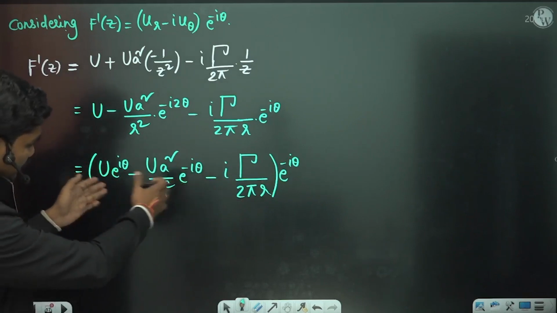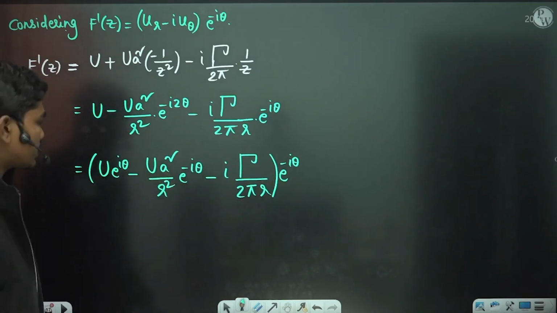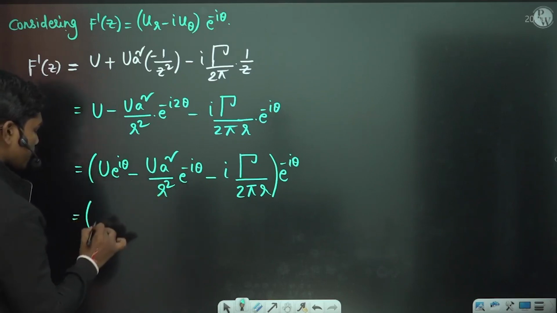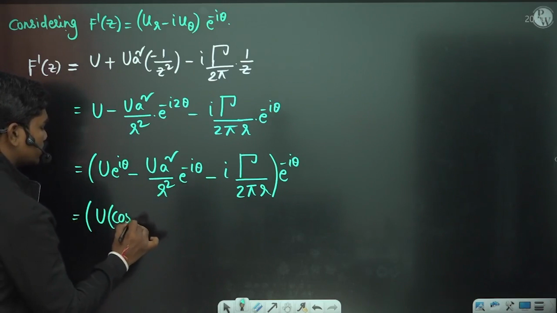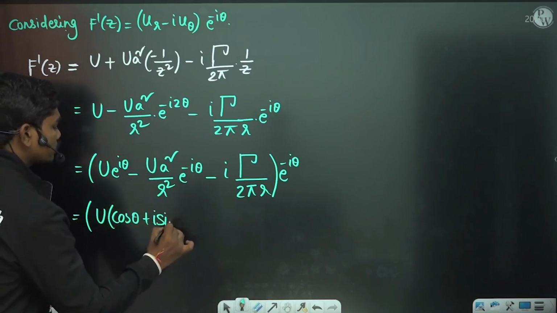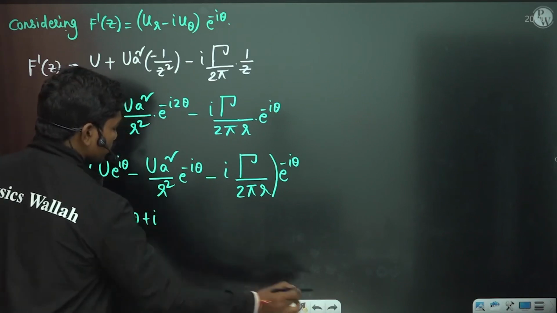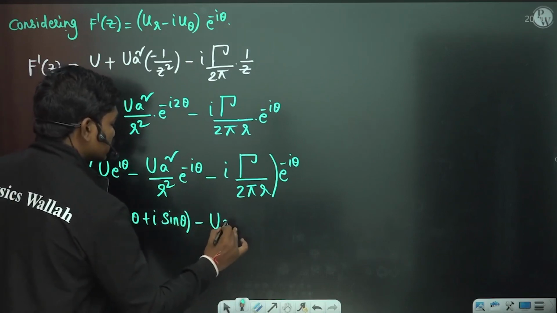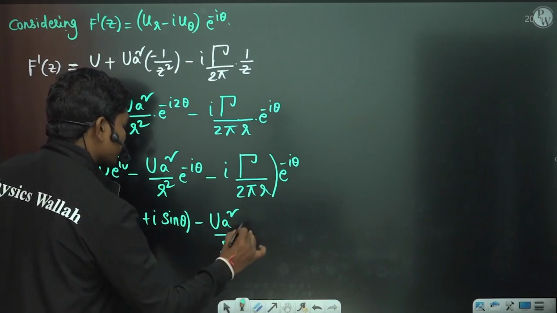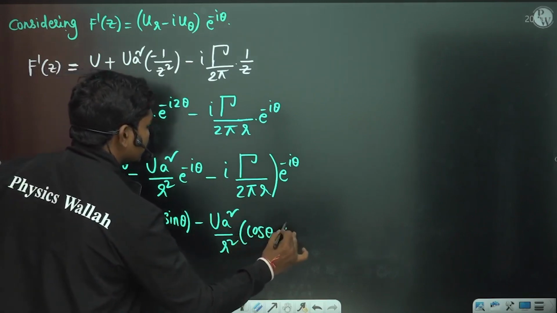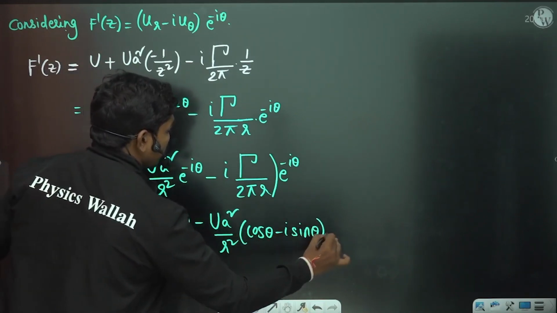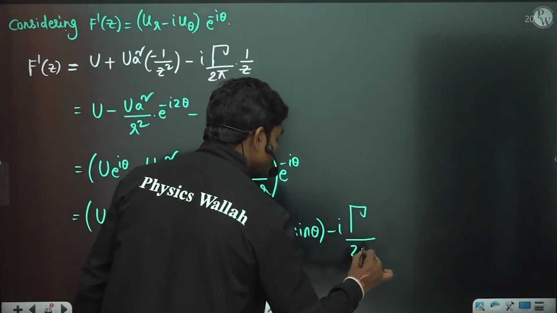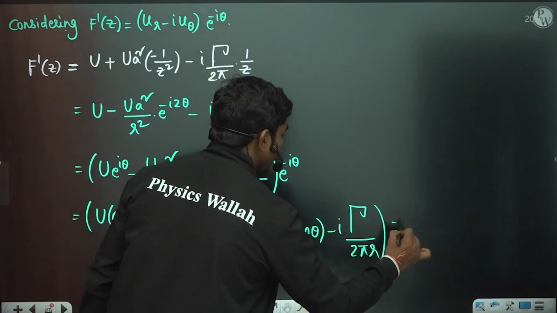Now if you expand this in terms of cos and sine: u times (cos theta plus i sin theta) minus u a square by r square times (cos theta minus i sin theta) minus i times circulation by 2 pi r, and this complete value into e power minus i theta.